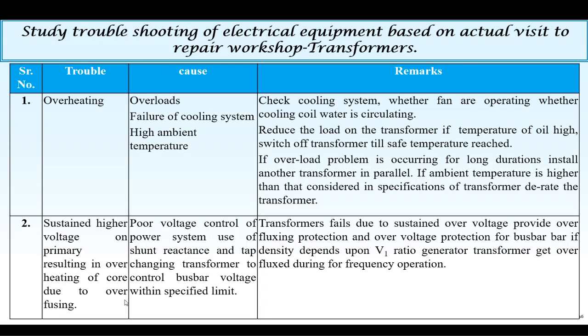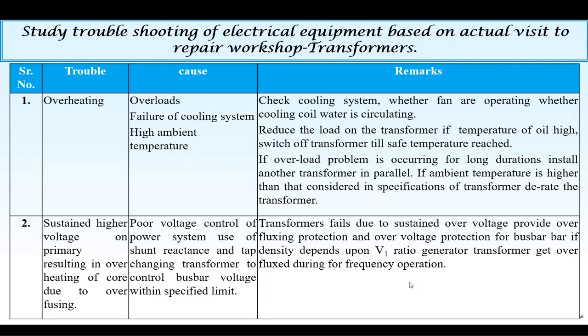Second trouble is sustained higher voltage on primary, resulting in overheating of core due to overfluxing. So because of that, what are the causes? Poor voltage control of power system. Use shunt reactors and tap changing transformer to control the busbar voltage.